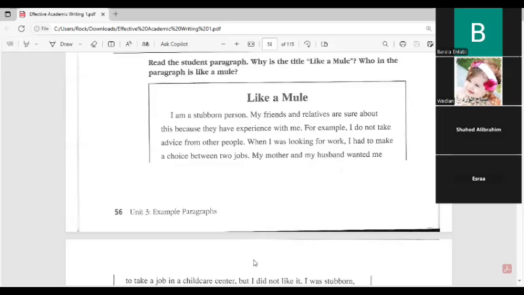Just like you are connecting output with input. Output is reading or speaking, what you are doing as an output.